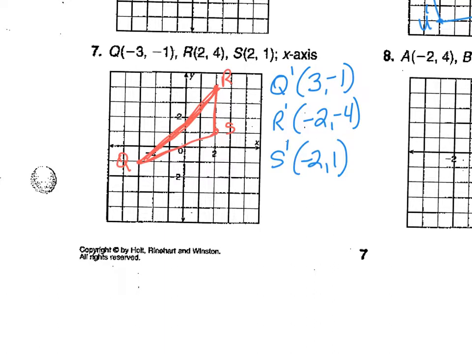Okay, you guys, so let's pretend these are my points right here. My points are q prime is 3, -1, r prime is -2, -4, and s prime is -2, 1. Are those points right? Andrea? Why is it? No, you put 3. Isn't it supposed to be like the positive one?